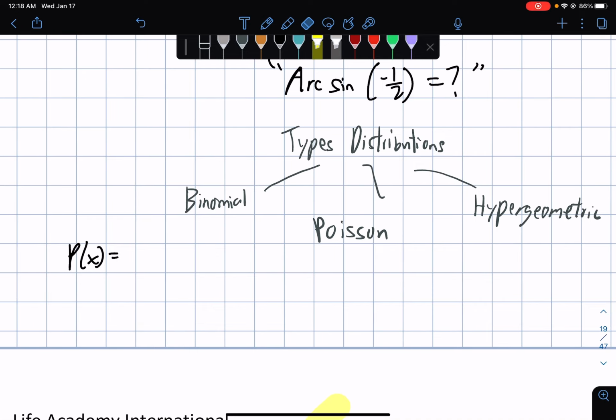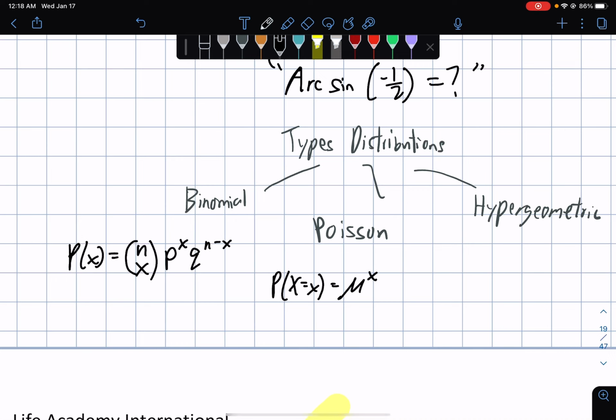Gosh, I took so much time studying for these. Binomial is the permutation nCx times p raised to x times q raised to n minus x. I remember it. Nice. Poisson is mu raised to x times e raised to negative mu, divided by x factorial.